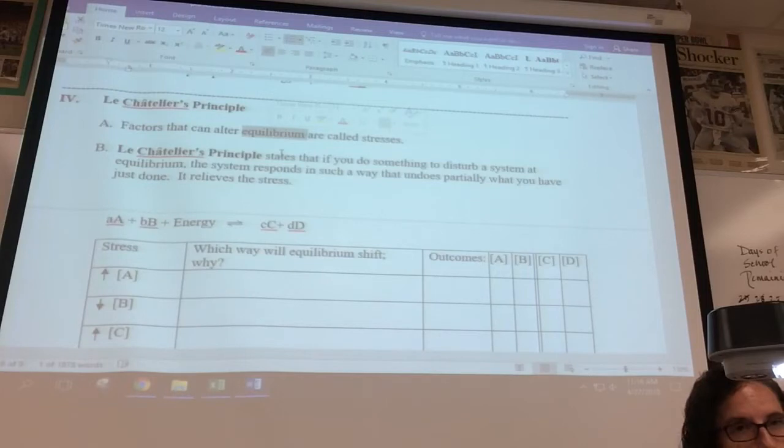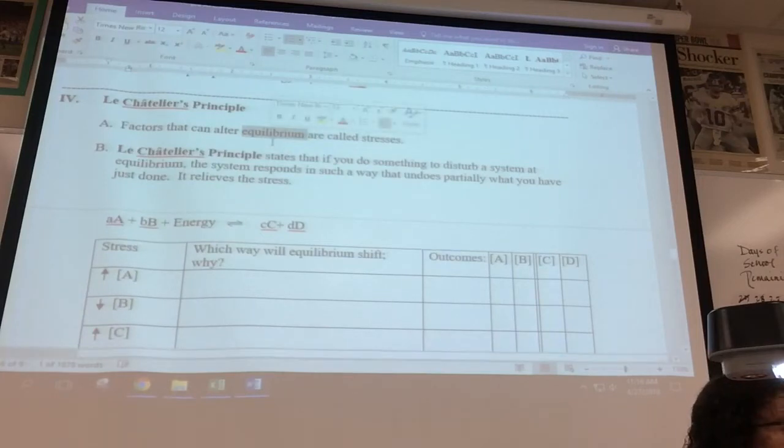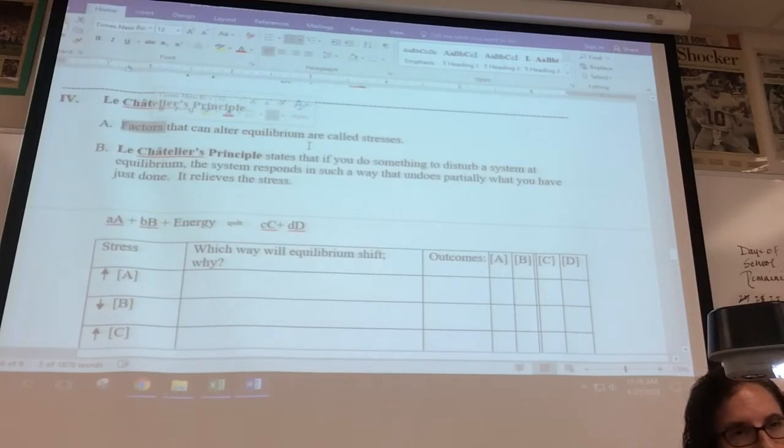Be careful with the two chapters being assessed at the same time. It's easy to confuse concepts. So in chemical equilibrium, the factors we're going to be looking at include concentration, temperature, and pressure or volume. And we'll talk about all of these.